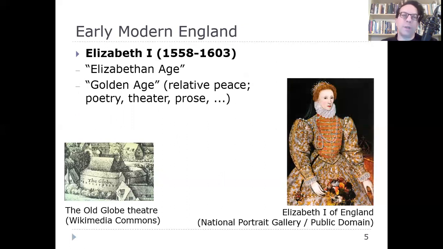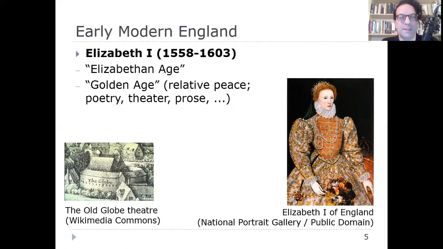Right, moving on a little bit, we have the Elizabethan time, or the Elizabethan age, which is roughly the second half of the 16th century. So Queen Elizabeth I ruled for a very long time. This has come to be known as sort of a golden age for various different reasons. It was an age of relative peace, politically speaking.